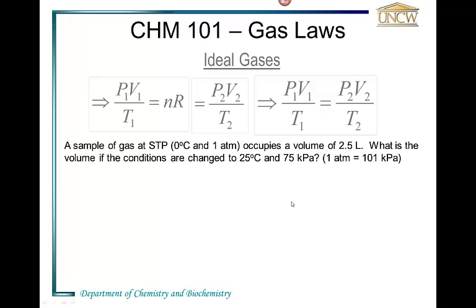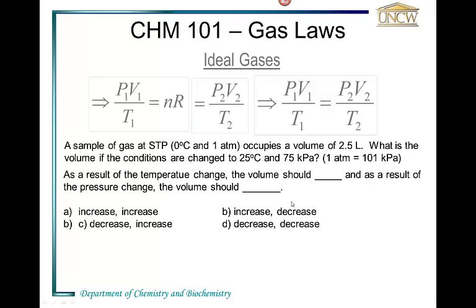Well, first, let's get a feel for what might happen. As a result of the temperature change, would the volume increase or decrease? Charles found that there was a direct relationship between volume and temperature, and that relationship was linear, and the volume increased with increasing temperature. So we would expect the volume to increase.